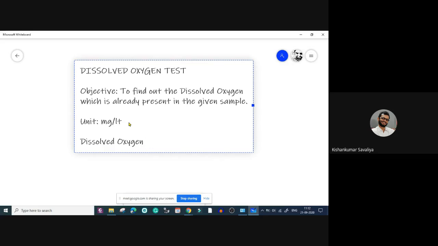So, the dissolved oxygen formula. I'm writing that formula.